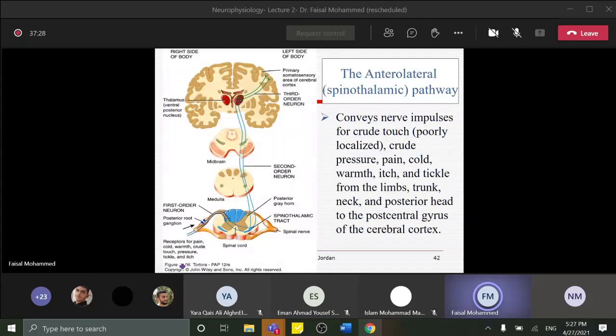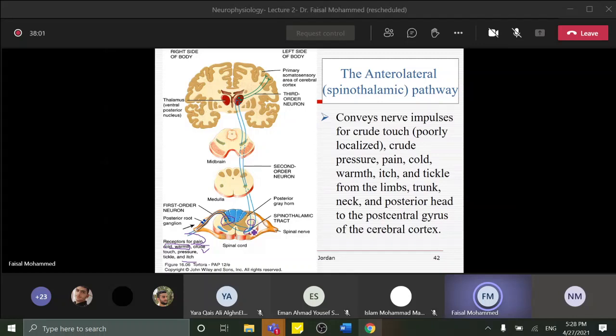Here it is. The types of sensation: pain, cold or warm temperature. Besides this, we have crude touch, crude pressure, tickle, itching, and sexual sensation. It enters from the receptors to the spinal cord. It synapses at the posterior horn and crosses the midline anterior to the central canal. Then it goes up through either the lateral or anterior part.